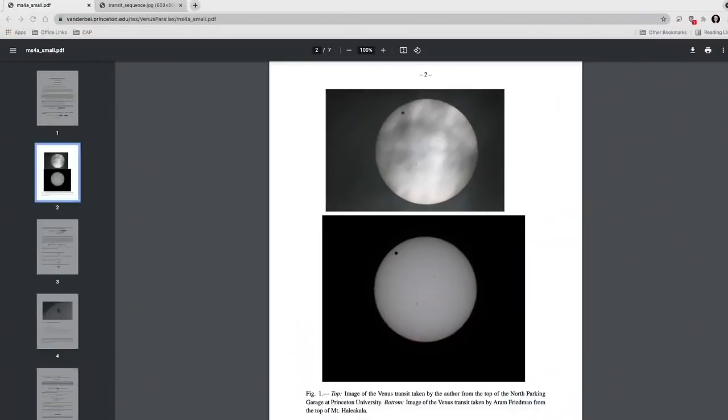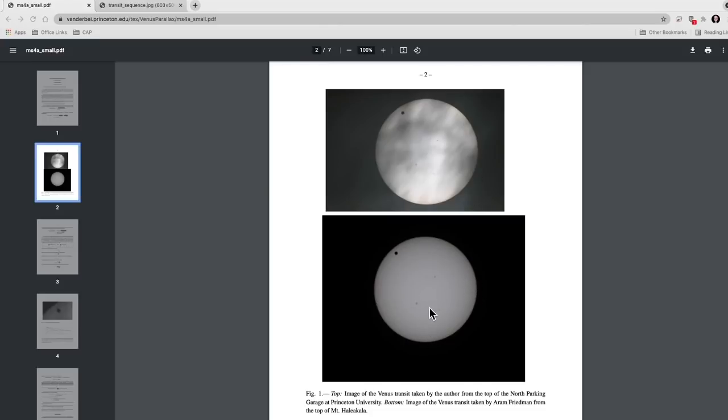Now, here are the 2 photographs that were taken. The top one here was taken in Princeton, New Jersey at Princeton University, and the bottom one was taken in Hawaii. Notice that Venus is visible in both of the photographs. The other thing that we have is some sunspots. You see these sunspots? Now what we can do is we can actually line those sunspots up after we adjust for the different focal lengths to make sure that these 2 suns are exactly the same size.